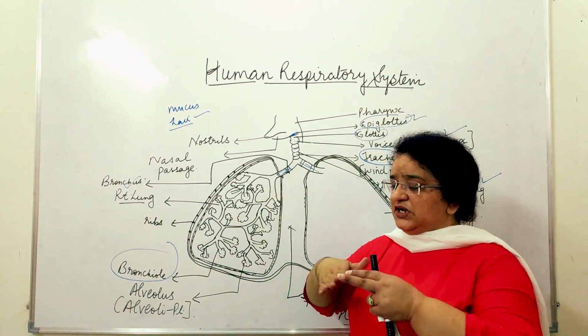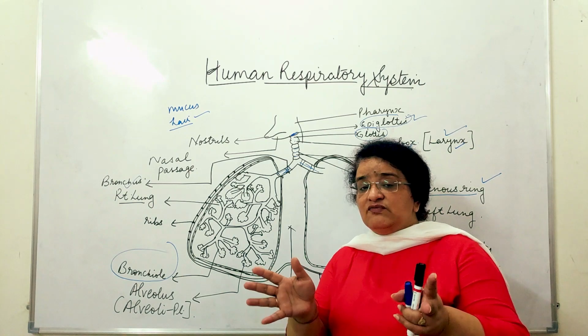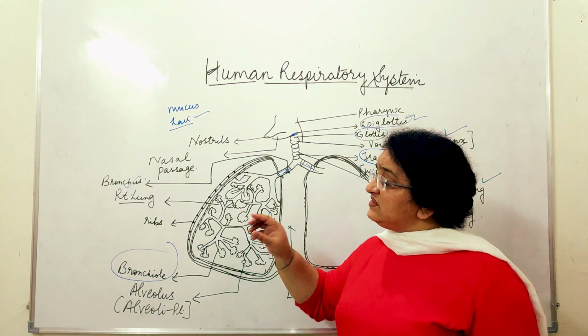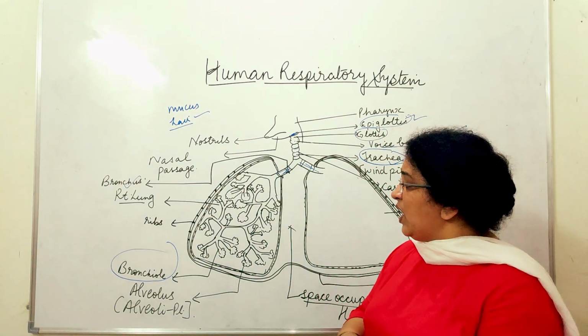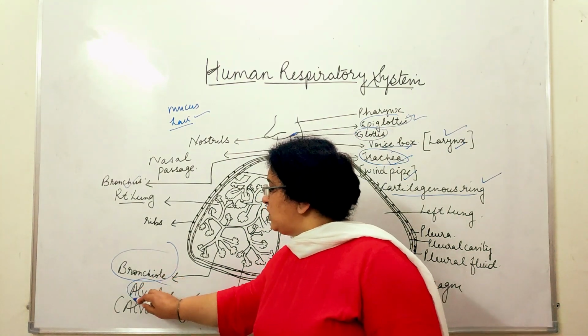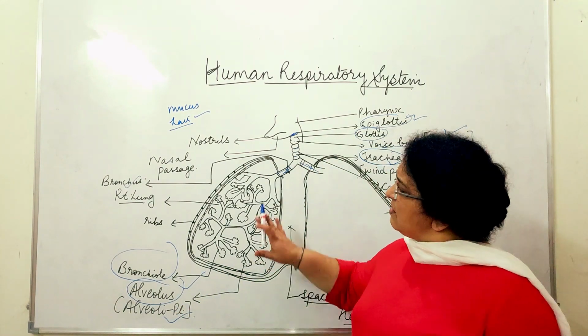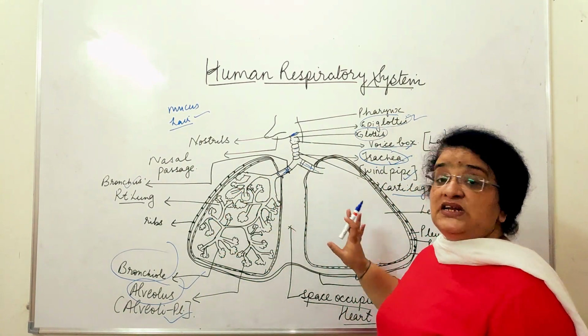Ultimately every small bronchiole opens into a small balloon-like structure called an alveolus. Singular is alveolus, plural is alveoli, and there are millions of alveoli present in each lung.